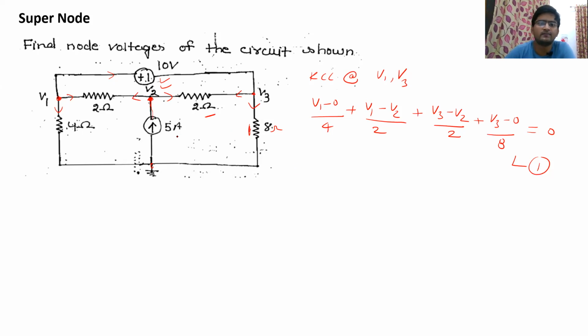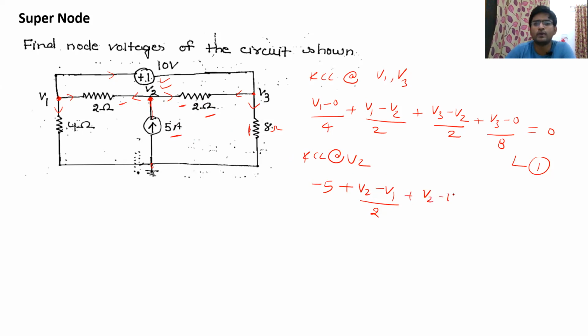So KCL at V2: we will have minus 5 since it is inward to V2, plus V2 minus V1 divided by 2, this particular current, and then for this particular current we will write V2 minus V3 divided by 2 equal to 0. Now this is your equation number 2.